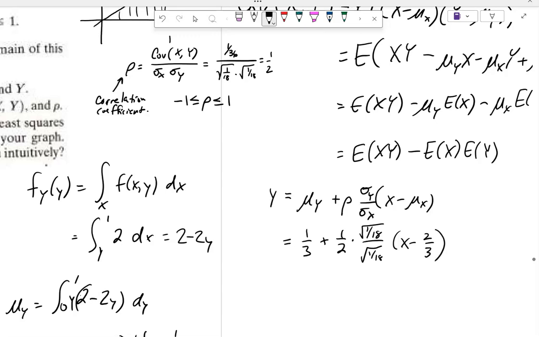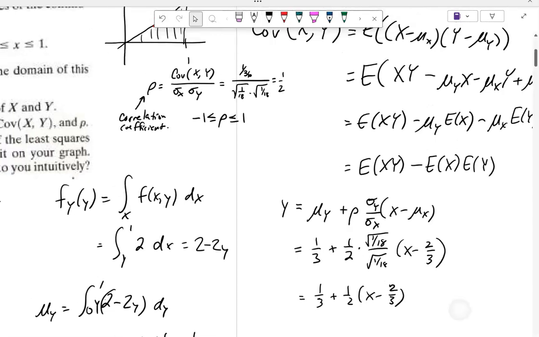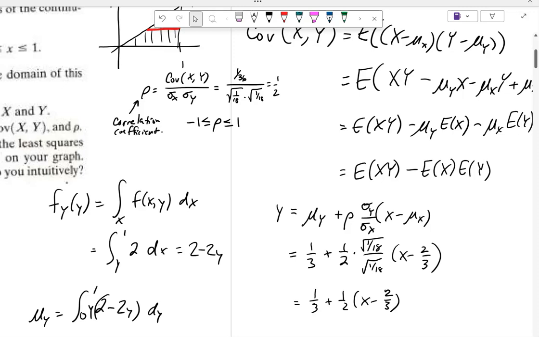And then you have x minus 2/3 in there. Notice that your root 1/18 will cancel in this case. And that would be your equation of your line. I could write it in slope-intercept form if I wanted to, but that's the equation of your line.